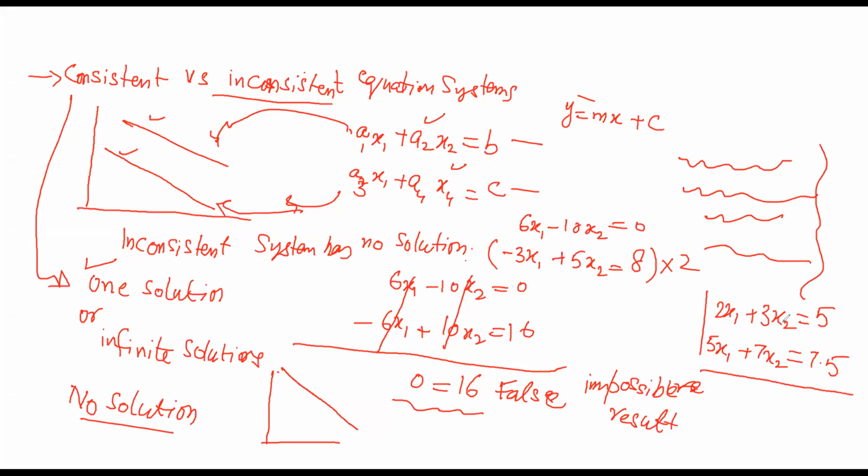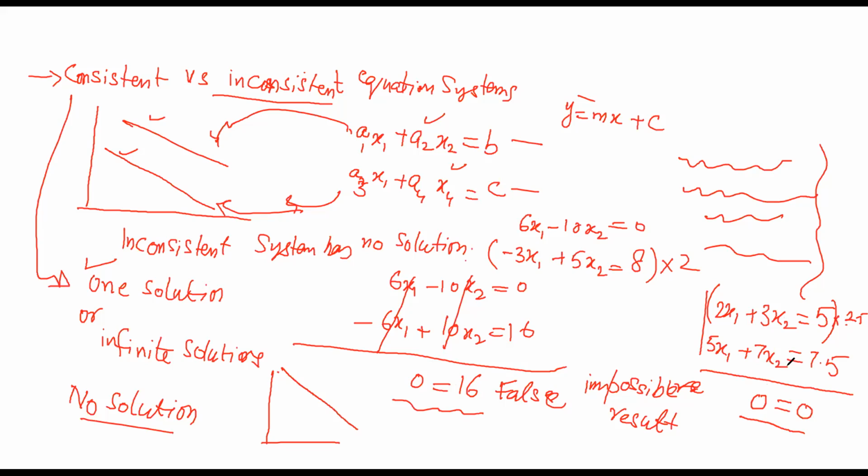So basically both equations are the same. If I multiply the first equation by 2.5 and then subtract one equation from the other, I will get a situation which will be 0 is equal to 0. So in this case, when we get 0 is equal to 0, instead of 0 is equal to 16 or 0 is equal to some other number, we will not say that this system is inconsistent.